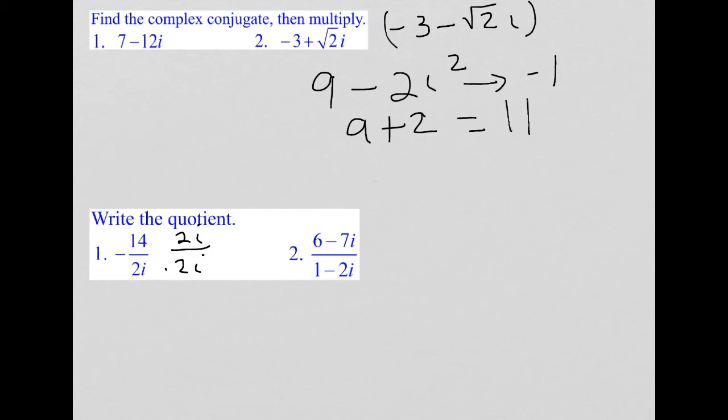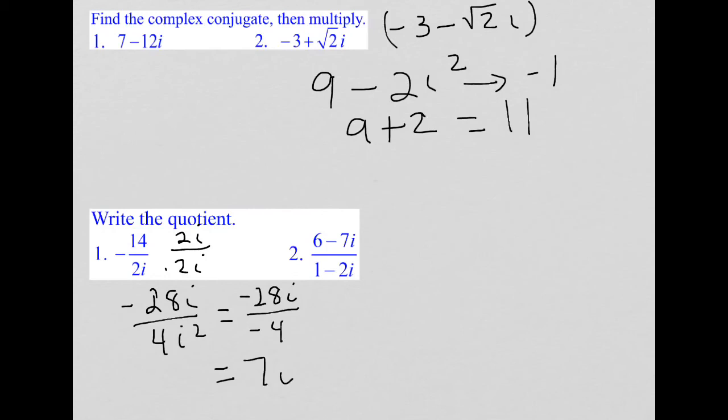So that's going to give us negative 28i over 4i squared. Well, we know that the numerator is going to stay the same. We simplify the denominator, that makes that negative 4. So that means my final answer is 7i.